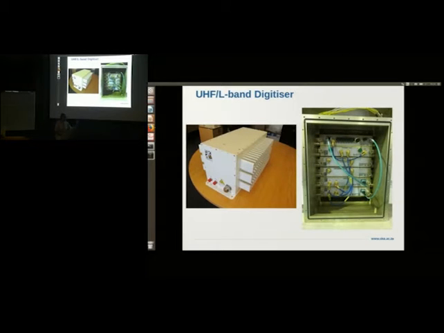Because the digitizer units sit right up at the telescope, we really needed to make sure that it doesn't emit any RFI. So all the electronics is inside an RFI shielded box. And in turn, this RFI shielded box is in an RFI shielded box.